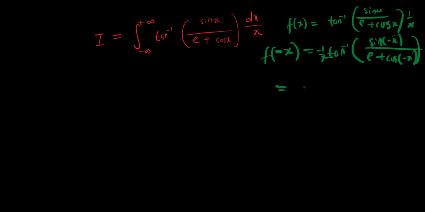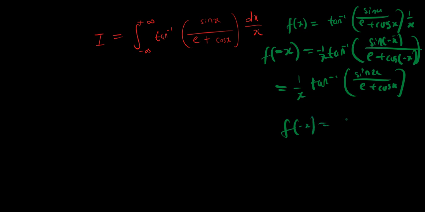So the negative for sine factors out, and this would be just positive 1 over x times tan inverse of sine of x divided by e plus cosine of x, because cosine of negative x is cosine of x. So this function is an even function, because f of negative x simply equals f of x.